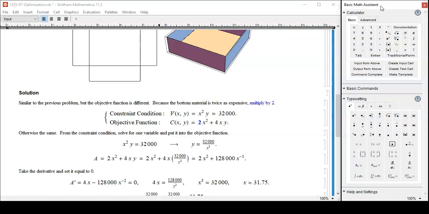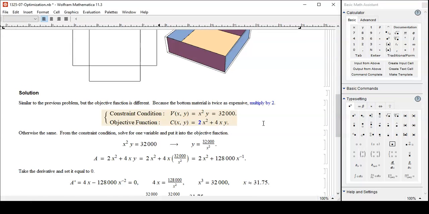Make sense? In this case, we multiply by 2 to get the objective function. As for the constraint condition, it's the same because it's coming from the volume. And so for y, we get this, and plug it in right here, then you get the objective function straightened out. A bit of a simplification later, you get this.